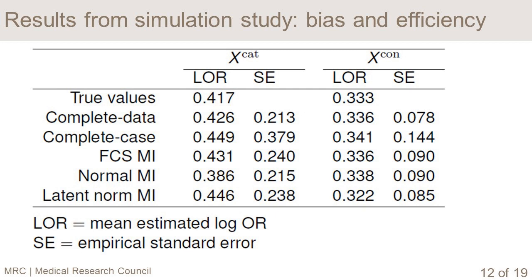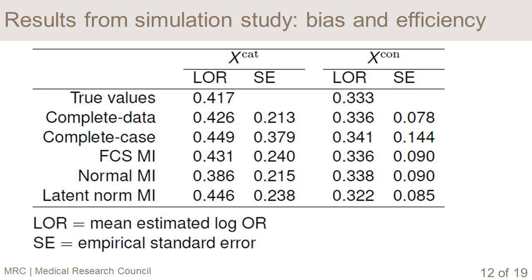There's a hint of a bit of finite sample bias in one of the log odds ratios, but it's not very big. More importantly, you can see that the standard errors have increased quite considerably, showing the loss of information from excluding the missing data. The next 3 rows show the results from the 3 imputation methods.